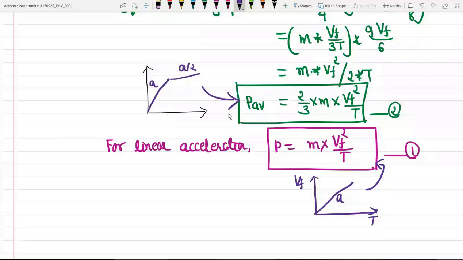It is advantageous to us, and it will consume 2/3 of the power required in case of constant linear acceleration. Okay, so this is all about the calculation of performance parameters of electrical and hybrid electrical vehicles.